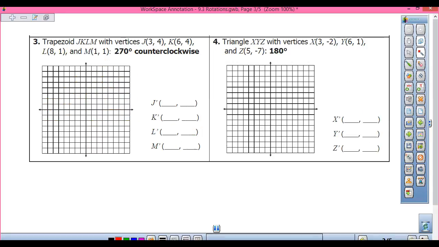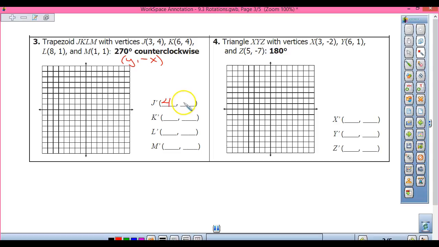So 270, what's my rule for 270? (y, negative x). So J prime, my y is going to move to the front. So it's going to be 4, and my x moves to the back and becomes negative.